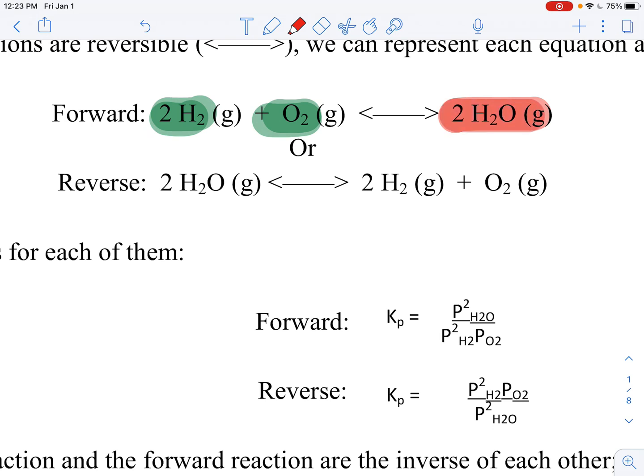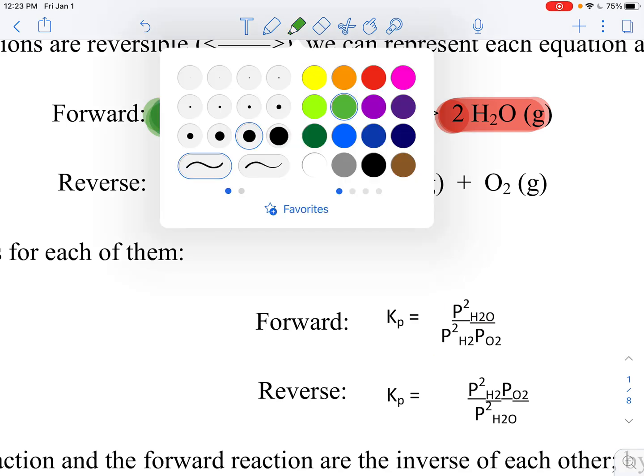So please note that in the forward reaction, because the waters are on the right-hand side, they are up top, and again, properly squared because there's a 2 there. And then over here, you've got the hydrogens and the oxygen that's on the left. So here's the oxygen and the hydrogen on the bottom of the equation, again, properly squared here, and to the first power for this guy, right?